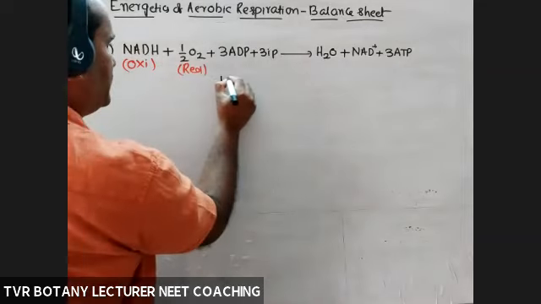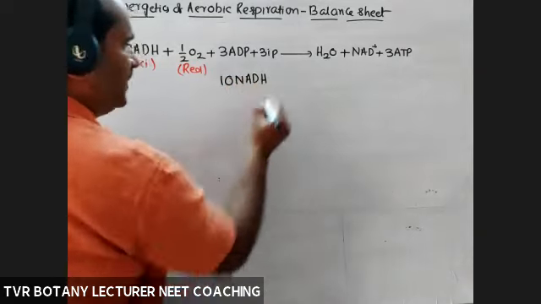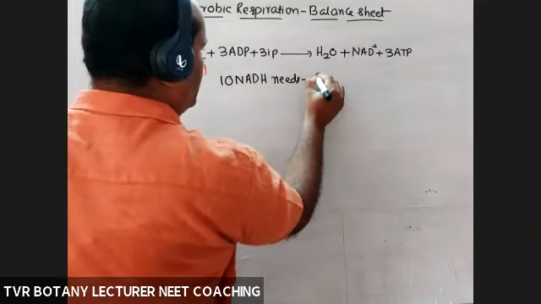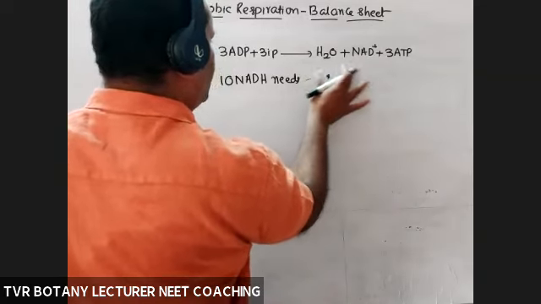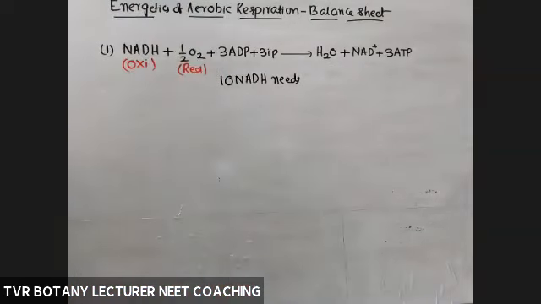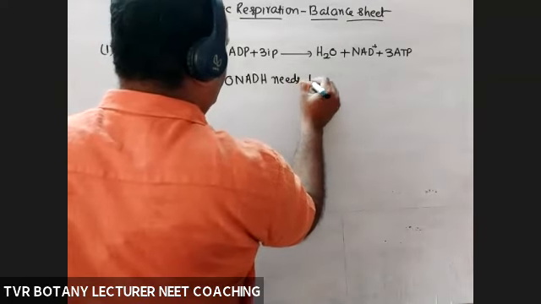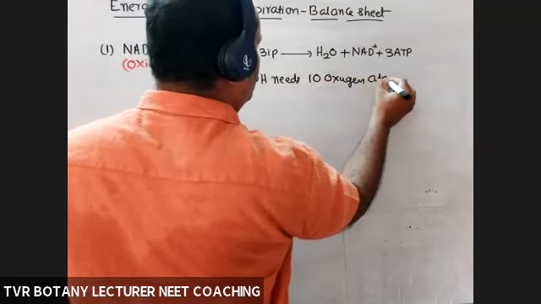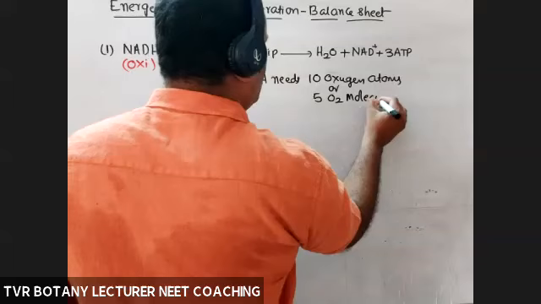So 10 molecules of NADH need 10 oxygen atoms, or 5 O2 molecules.